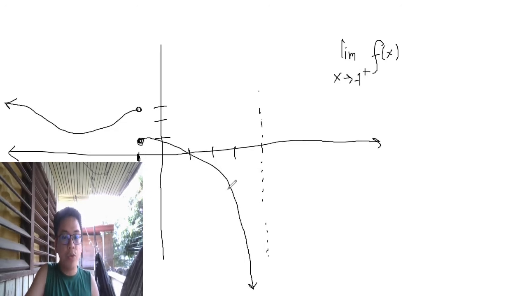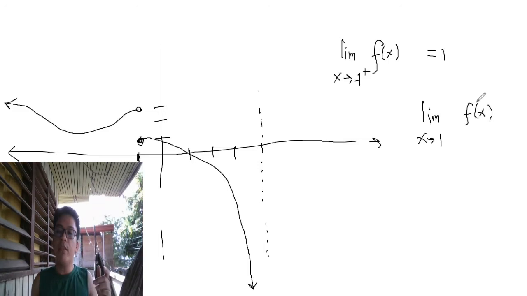As x approaches negative 1 from the right, we would get the value equal to 1.